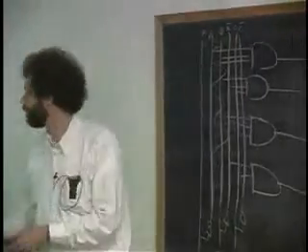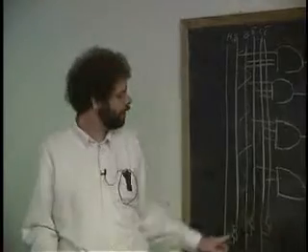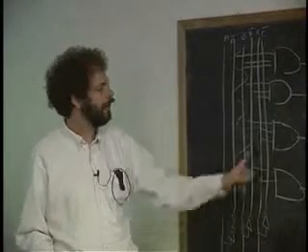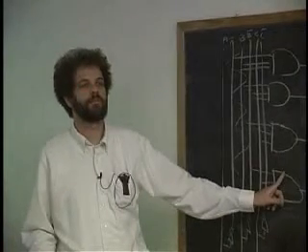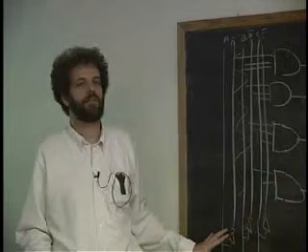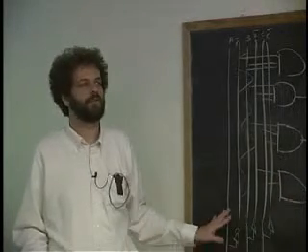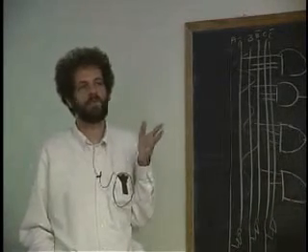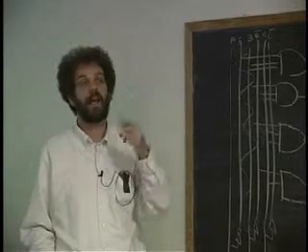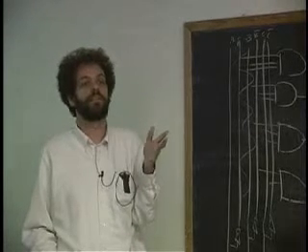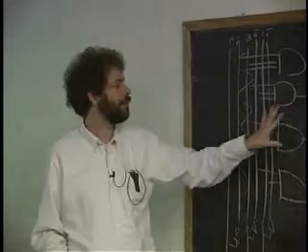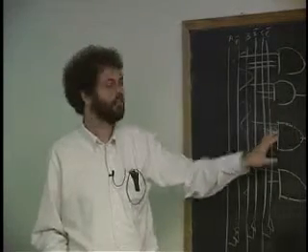If you try to implement the parity function like this, of 3 inputs, you're going to need 4 gates. If you add another input, a 4th input, how many AND terms are you going to need? Parity of 4 inputs. Well, there's 2 to the 4 combinations, which is 16, half of which are going to be 1, and you can't simplify it. So how many gates do you need here? 8.